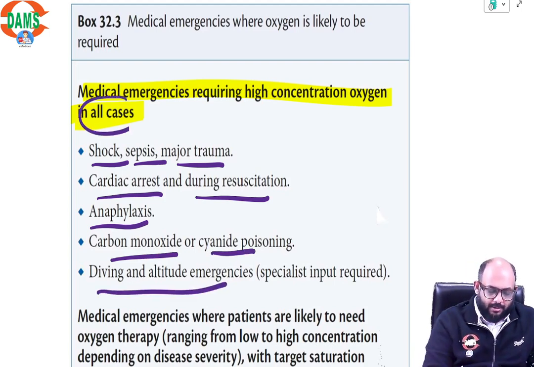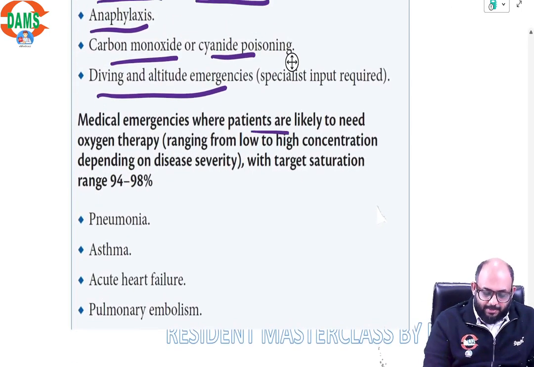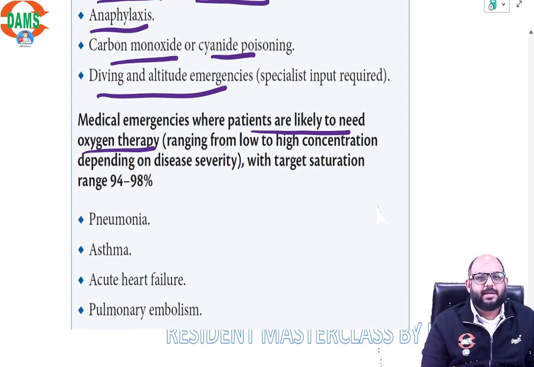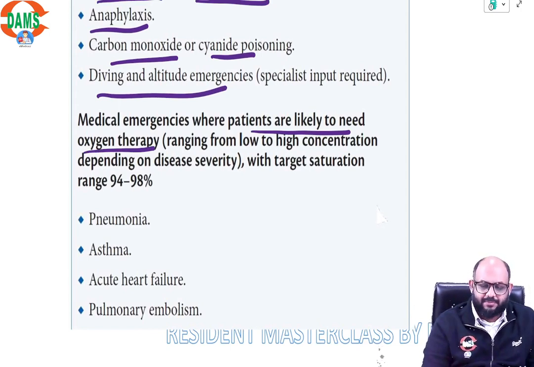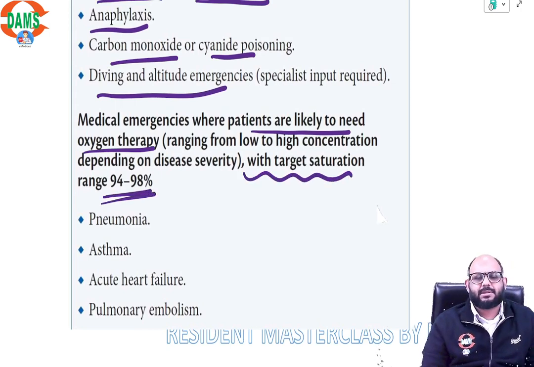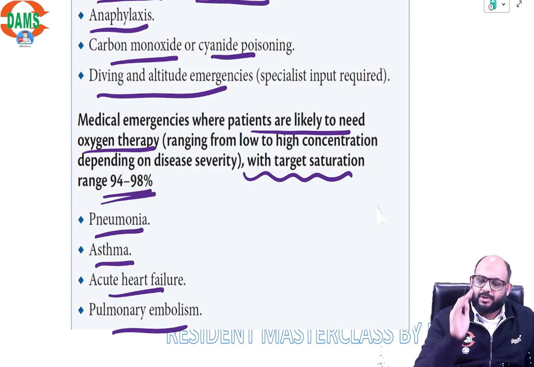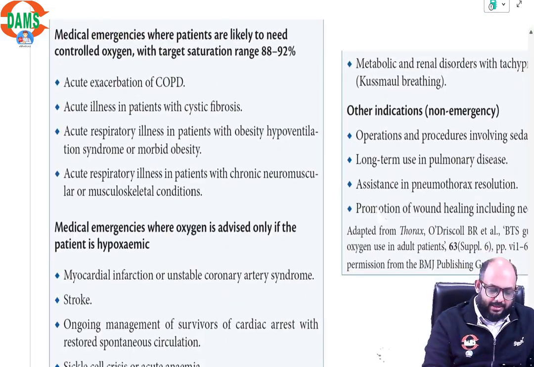Medical emergencies where patients are likely to need oxygen therapy, ranging from low to high concentration depending on disease severity, with target saturation between 94 to 98%. This is what you are going to treat more often: pneumonia, asthma, acute heart failure, pulmonary embolism, where the target is 94 to 98.